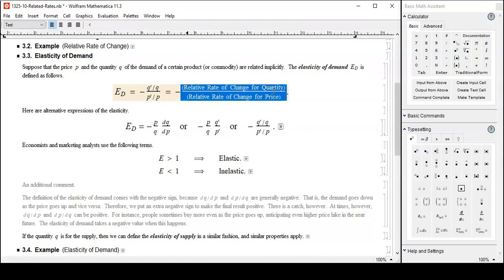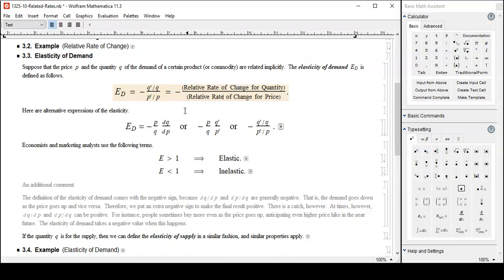So this quantity here, the relative rate of change for quantity and the relative rate of change for price, typically have opposite signs. So this quantity is already negative. So by putting an extra negative, you can make the entire fraction here, the elasticity, a positive quantity. And that's why we are using this extra negative sign there.